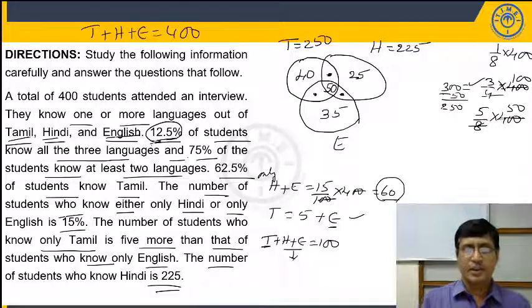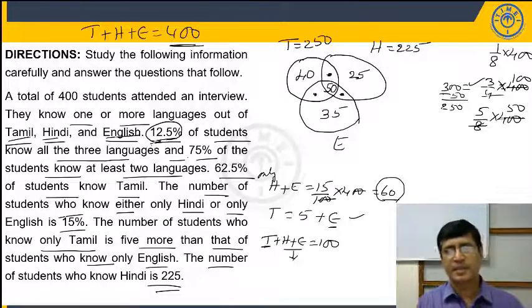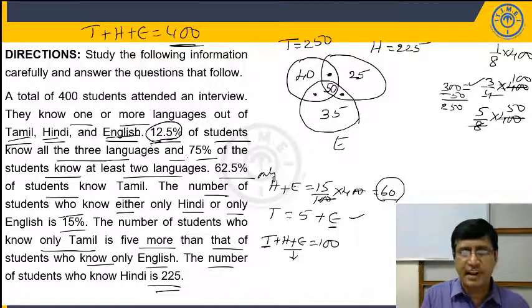When you subtract this 250 from 400, 250 means this entire part, you will get only these three values.